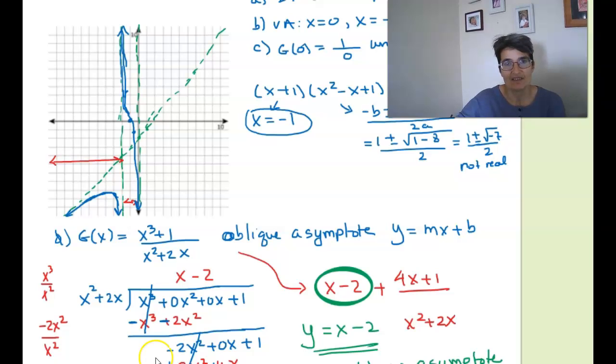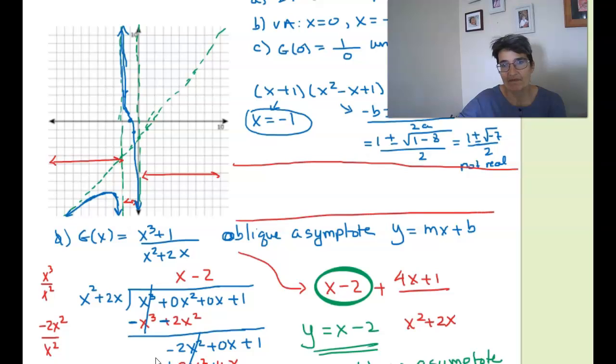Now we need to look at what happens in this region of x values. You know it's going to come close to the vertical asymptote, so it's going to hug it either up here or down here. And then it could be contained between this vertical asymptote and this oblique one, or it could be in this region. So we got to pick some points. I'm running out of space, so I'm going to pick them in here.